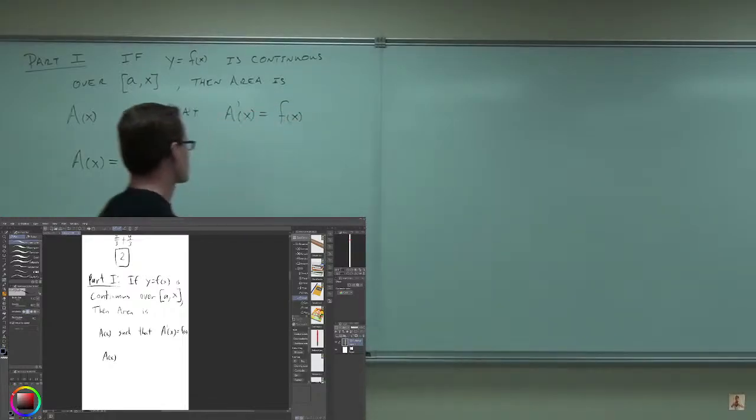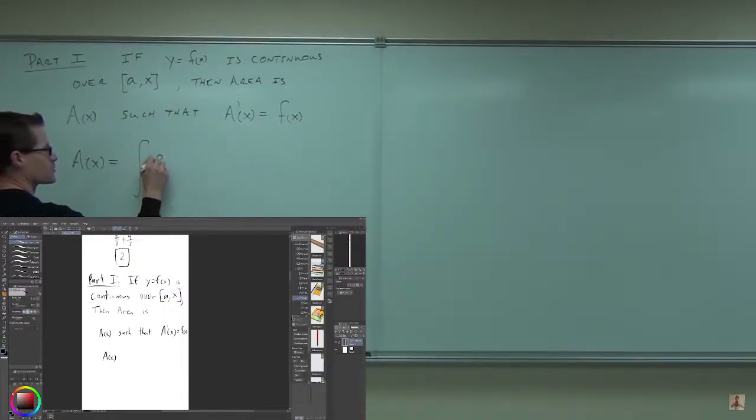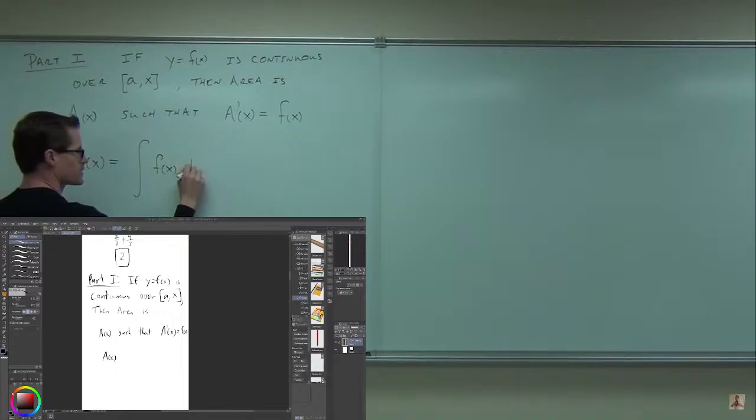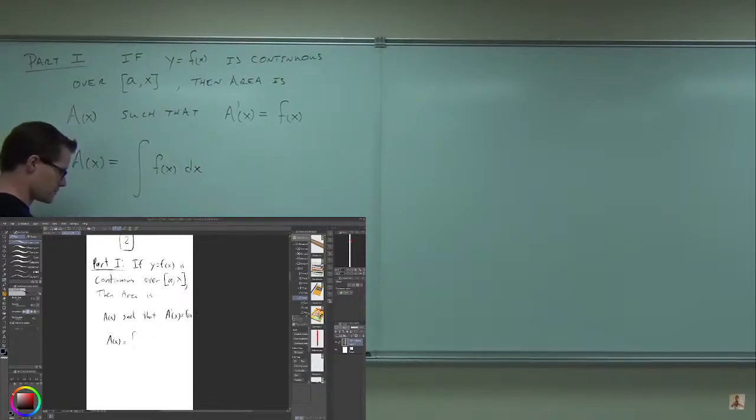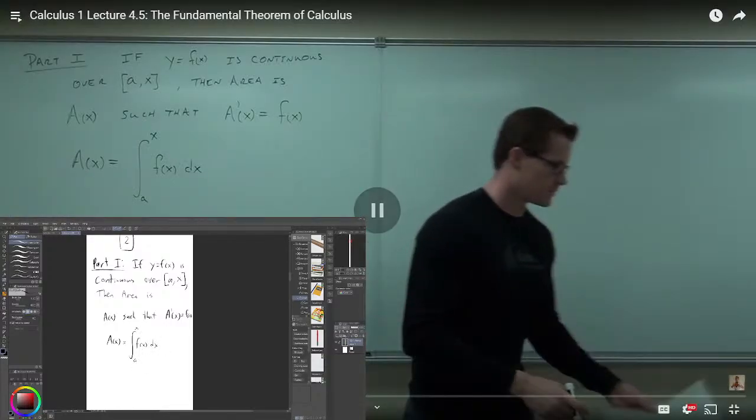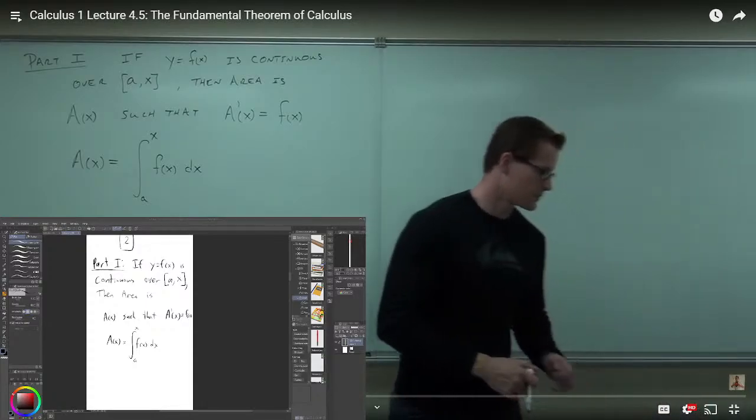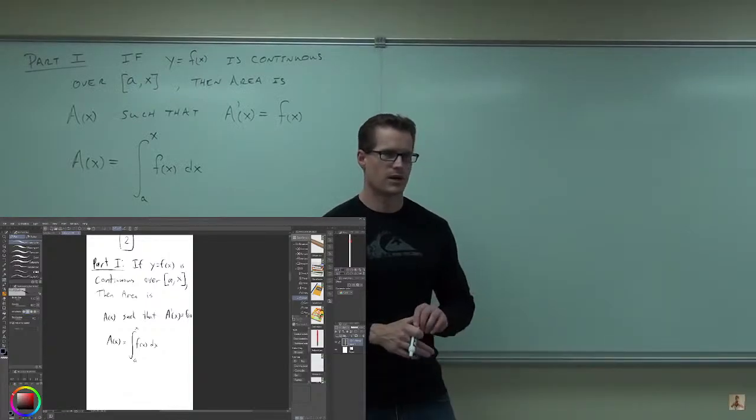It says that if I want to find the area, it should be the integral of f of x dx from a to x. You okay with that as well?